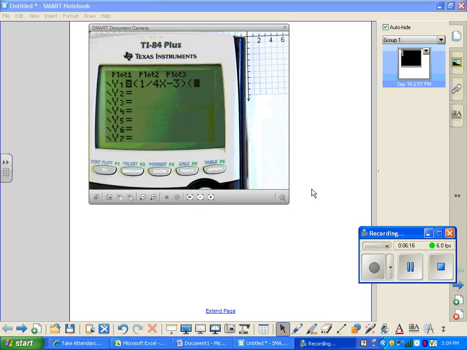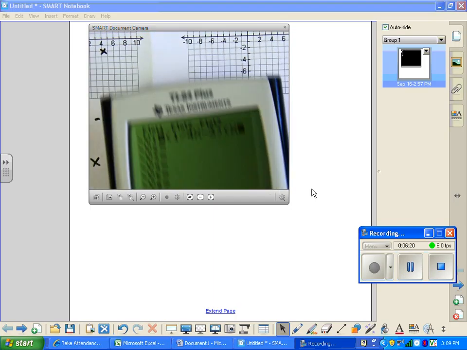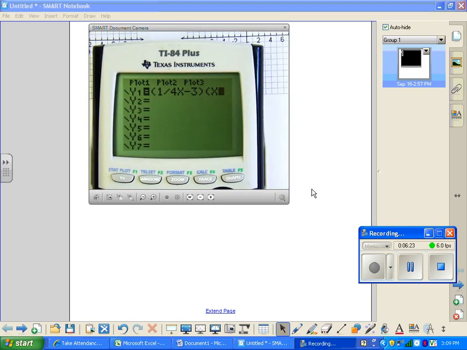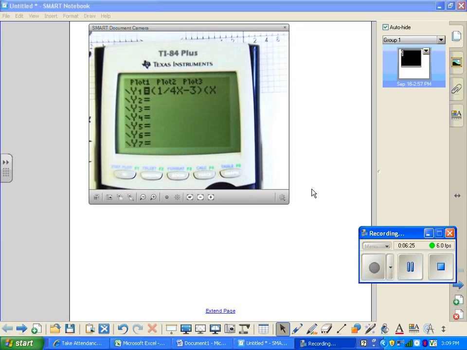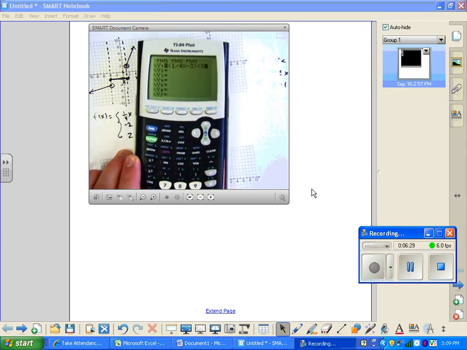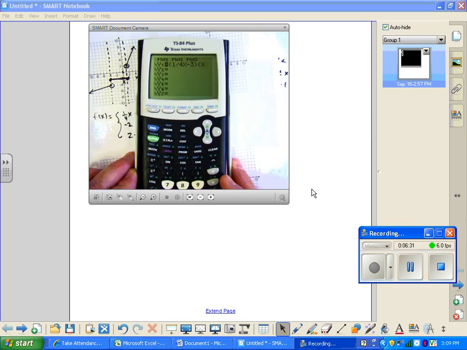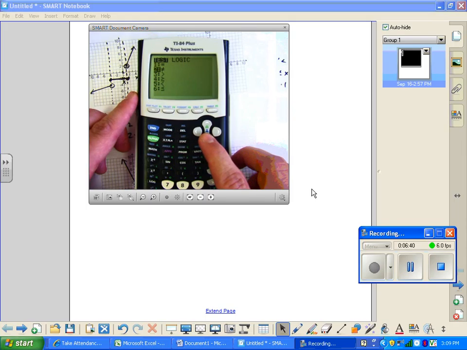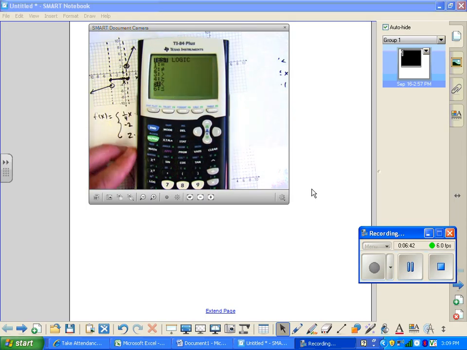So you open a parenthesis, and we'll do x. Now, less than, you're going to get from a menu here. So the way that we're going to get less than is you're going to go to the test menu. It's above math right here. So if you hit second and then test, you'll notice the fifth choice says less than.